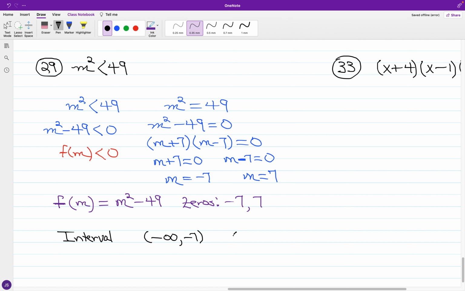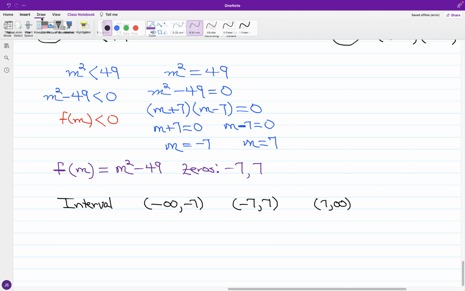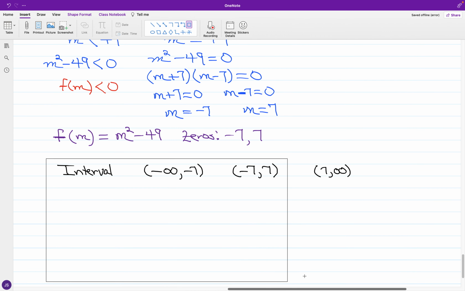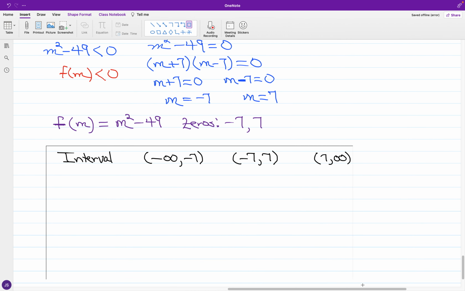You have those values between, but not including, negative and positive 7. Then at the upper end, we have those values of m. I think I said x earlier, but we're working with the independent variable m. So for the setup, we have 3 subinterval sections.